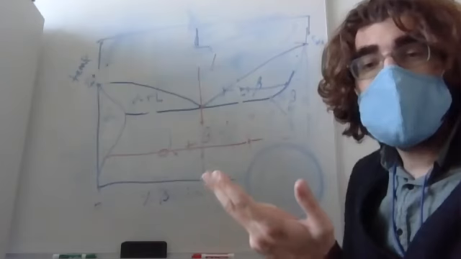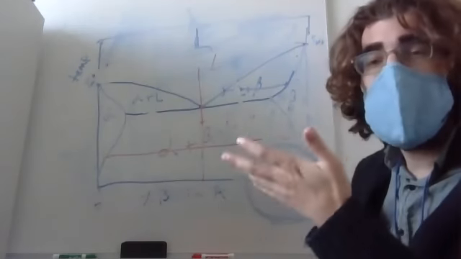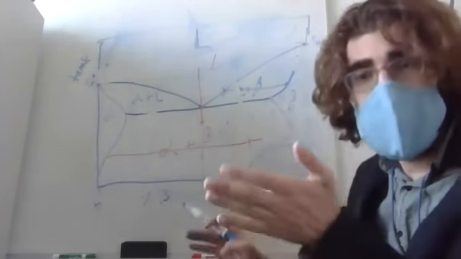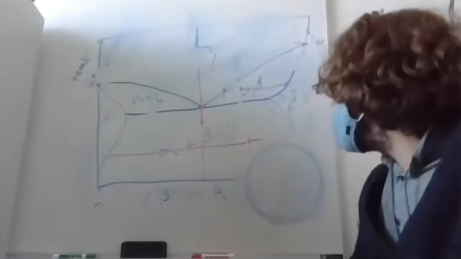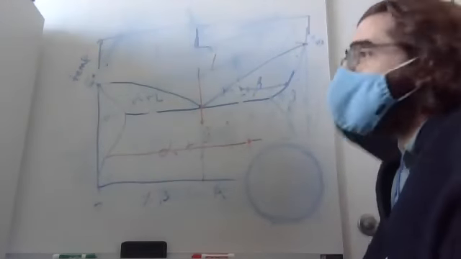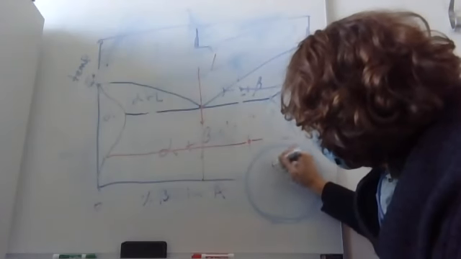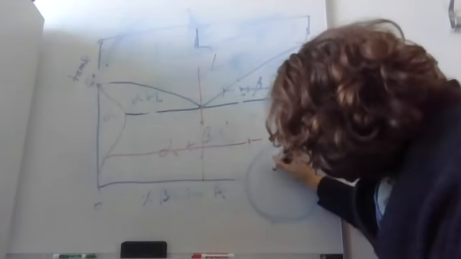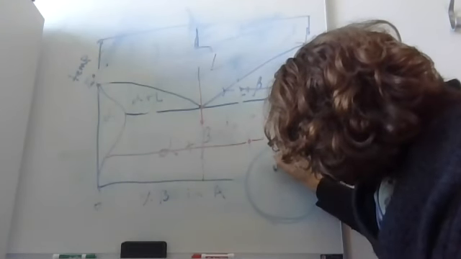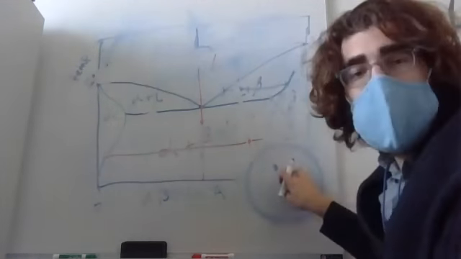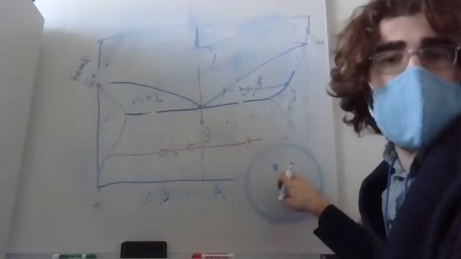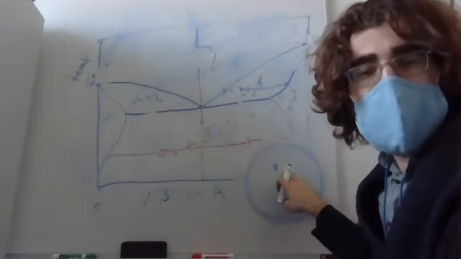To do that, atoms are going to have to respond very quickly. They're going to have to be like, oh my God, I have to make a solid. And what happens is a crystal starts to grow. We'll call that B for blue, beta for blue, right?